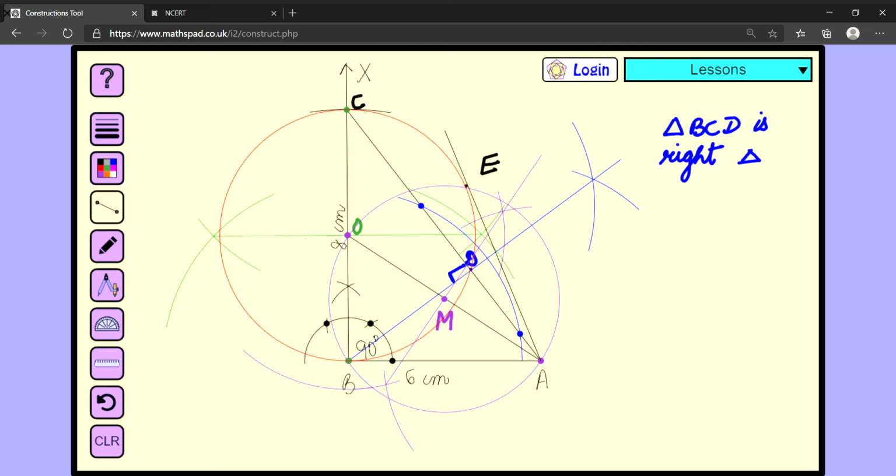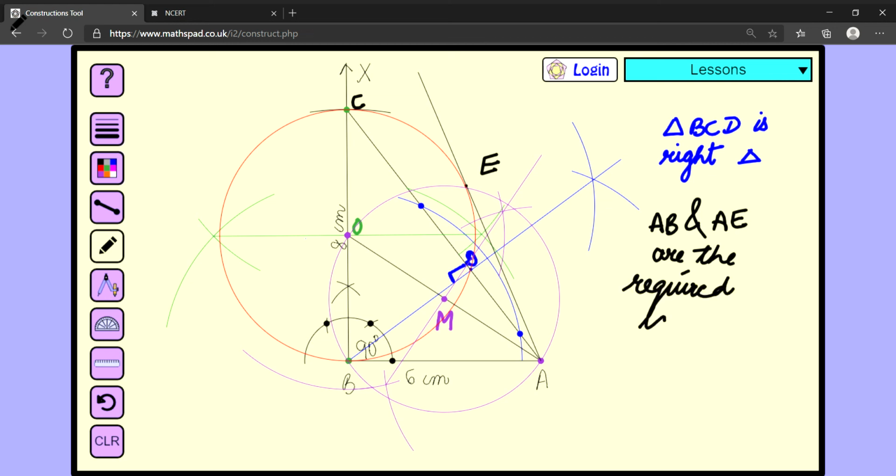From point A, a line segment passing through E. And that completes your construction.